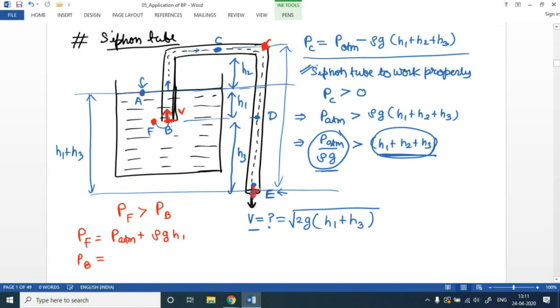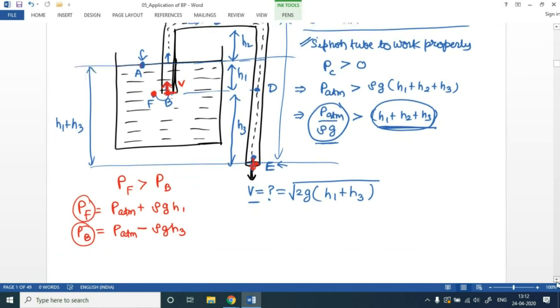That is why we are comparing these 2 points. Here the pressure is PATM, so this is going to be PATM minus rho g H3. So obviously you can see that the pressure at F is clearly greater than the pressure at B. Okay, so this was the concept of the siphon tube.